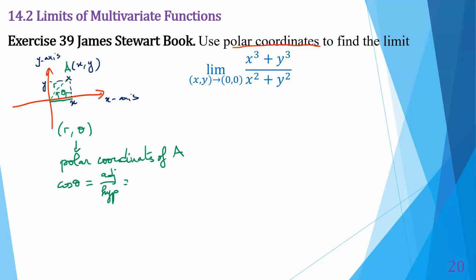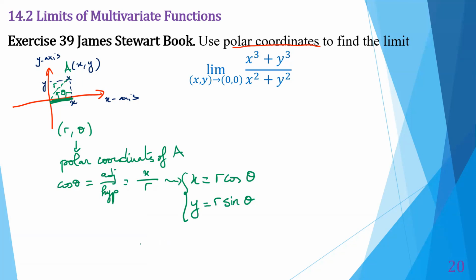The adjacent is this length, which is x, and the hypotenuse is this length, which is r. So we end up with this relationship: x is r cosine theta. And in the same way, y will be r sine theta. So this is the relationship to go from polar coordinates to Cartesian coordinates.